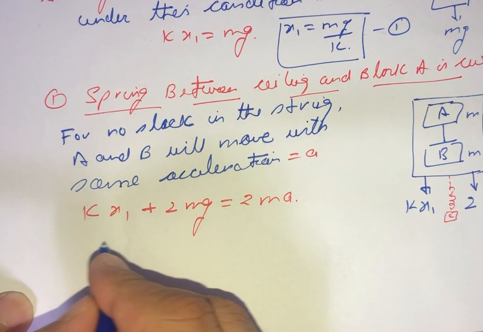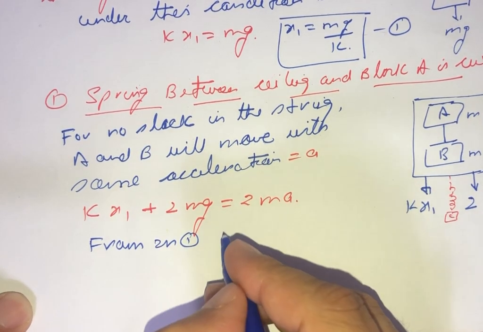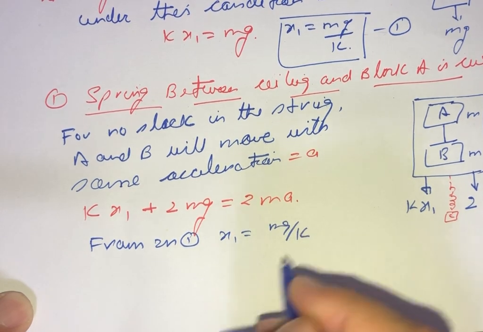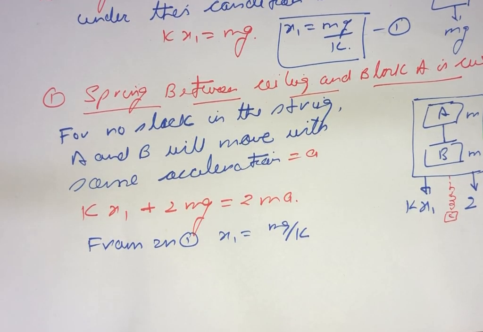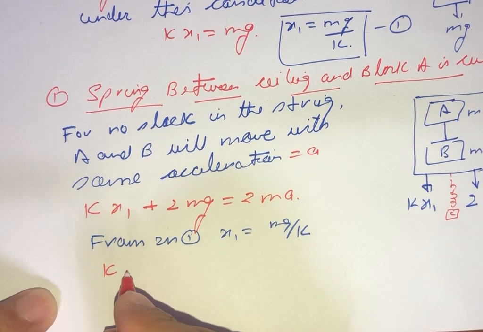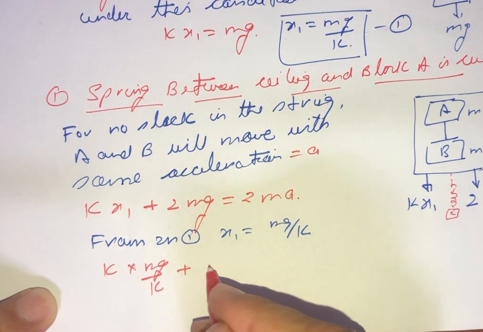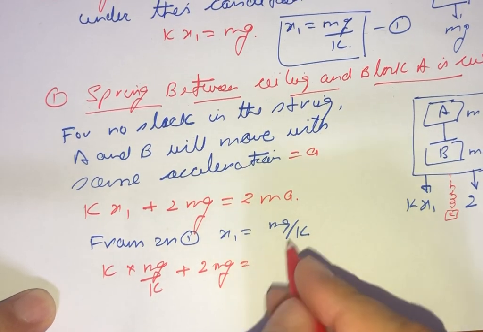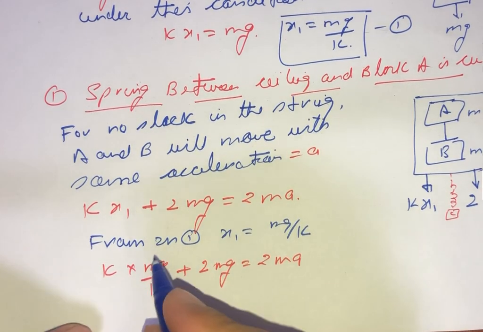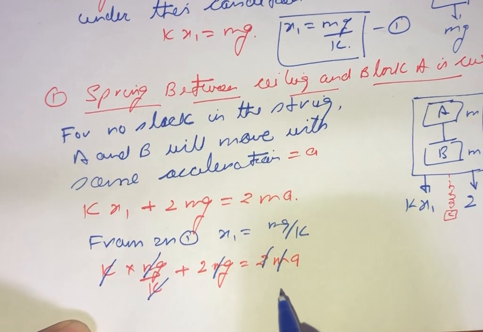So from equation 1, x1 is equal to mg divided by k. So substituting here, we can get this as k into mg by k plus 2mg is equal to 2ma. So m cancels out entirely and k goes with k.